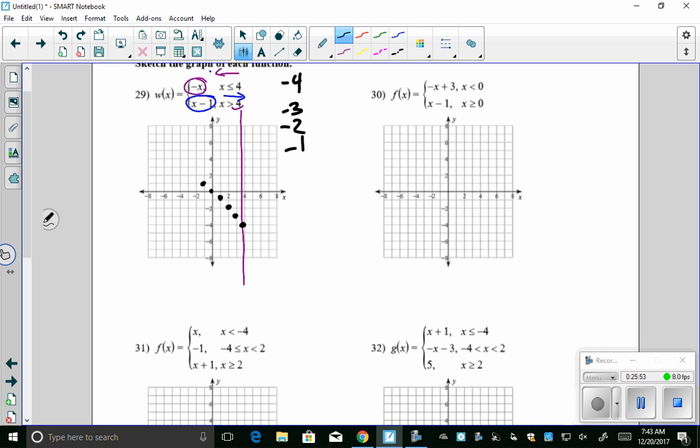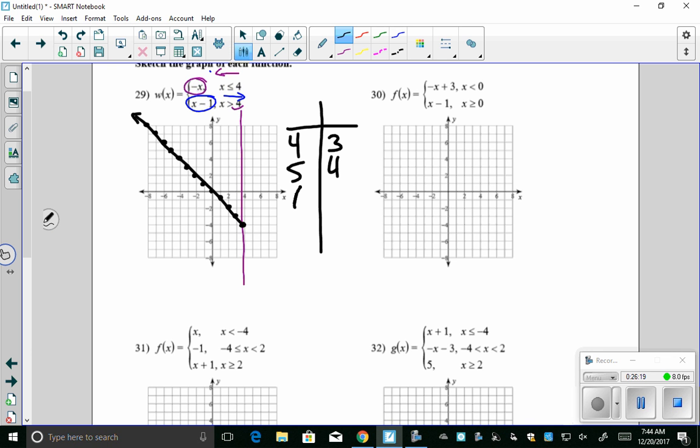I see a pattern. Do the same thing for the other piece, and if you want to draw a table, you can. I'm going to plug in 4, which is 3. Plug in 5. 5 minus 1 is 4.